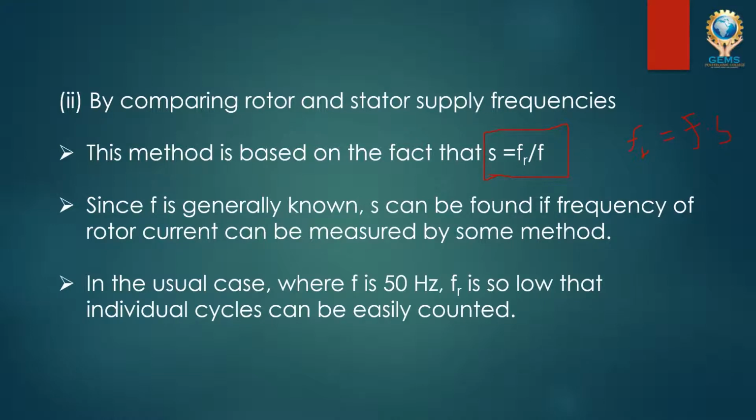So here we can calculate the S by the ratio between Fr by F. If you bring the F to this side, the equation will be S equal to Fr by F. So we can find out the F by some method, and then Fr by some method. F will be 50 Hz. So by using that we will measure the slip value.